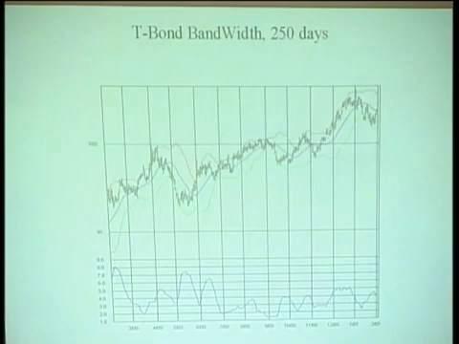Somebody has a calculator handy? We have 9 volatility lows in that 250 days. How many days on average? 250 divided by 9. Oh, 9, I'm sorry.